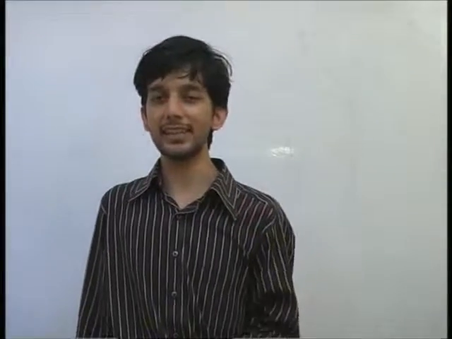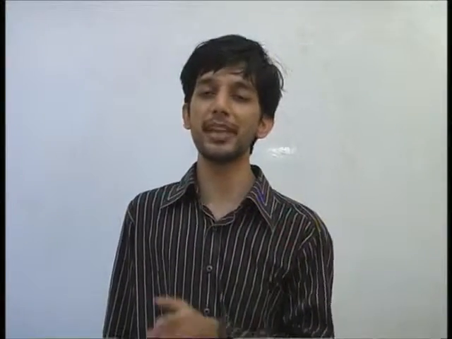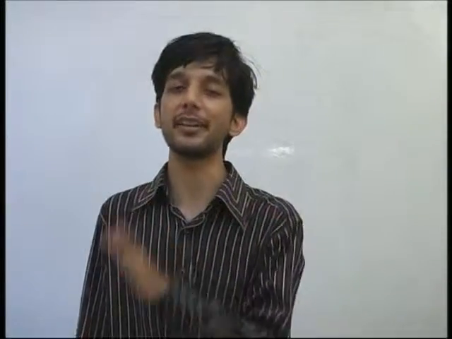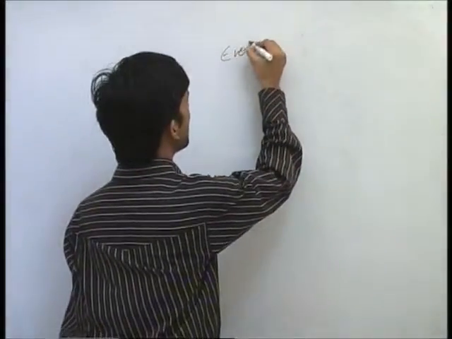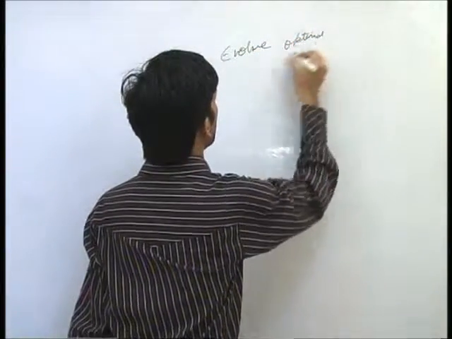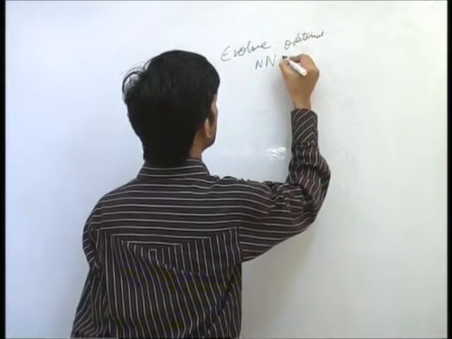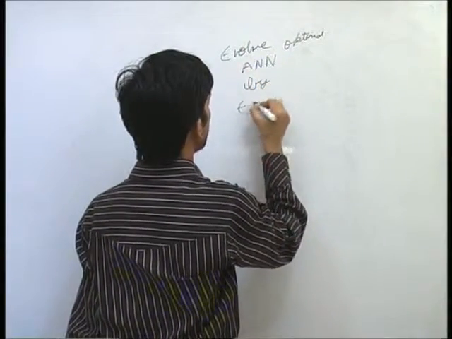When I say this, I can mean any model of evolutionary computing and any model of the artificial neural network. Evolving the optimal neural network means evolving the neural network architecture as well as the weights and the biases. So the problem statement is: please evolve the optimal neural network by an evolutionary computing algorithm.